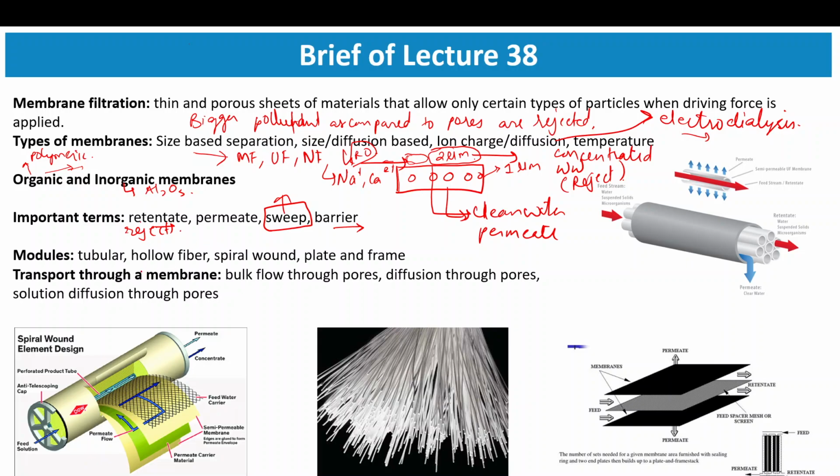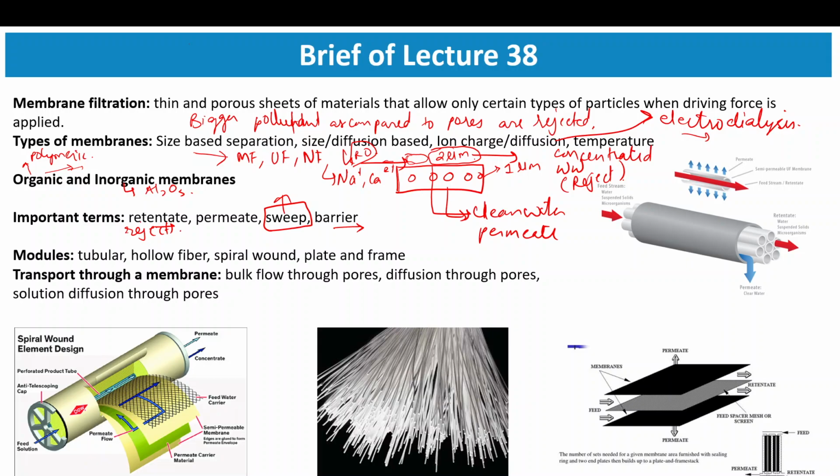Now, the membrane can be fixed, or the modules which can be used for membrane filtration are majorly four. So first is the tubular membrane. The tubular or cylindrical membrane is not a flat sheet, it is in cylindrical form. There is one bigger tube and there are small tubes of membrane placed inside.